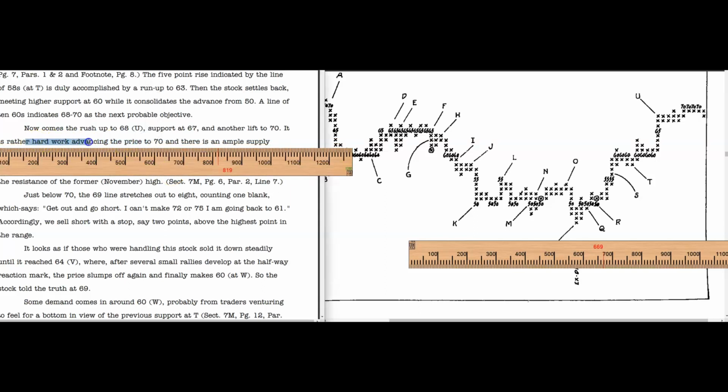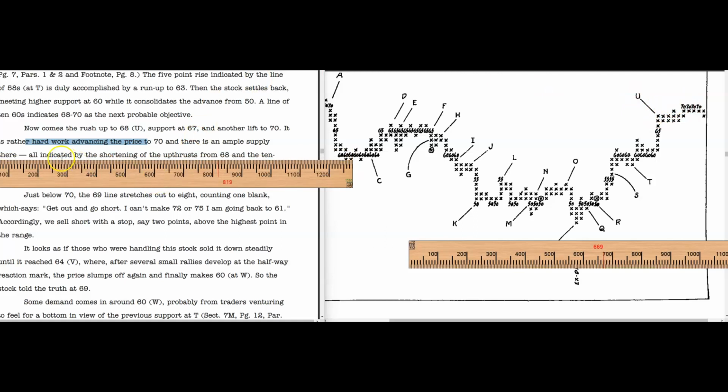When you see him say it's hard work to advance the price, that is indicated by a shortening of the thrust. How do you know the thrust is shortening? From high to high to high to high. So you see from U at 68 to 70, the thrust is shortening.